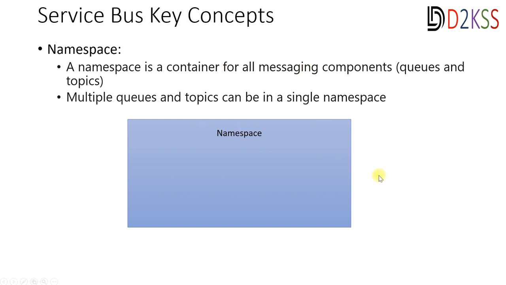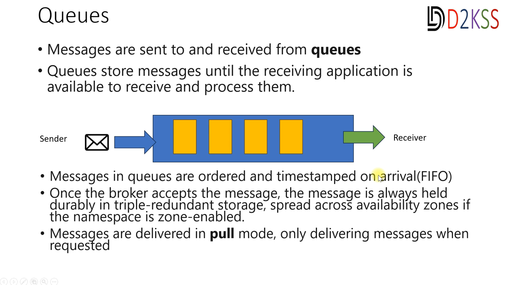So next we talk about queues. In Service Bus, you can transmit your messages in two ways, using queues or using topics. The queues will be used to store your messages, and they will deliver to the end users when they are ready to receive those items.